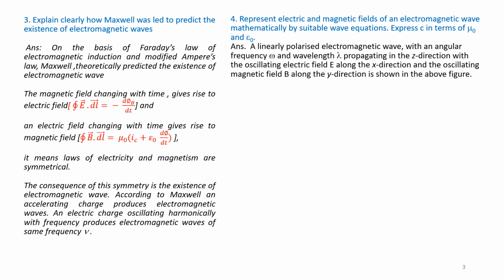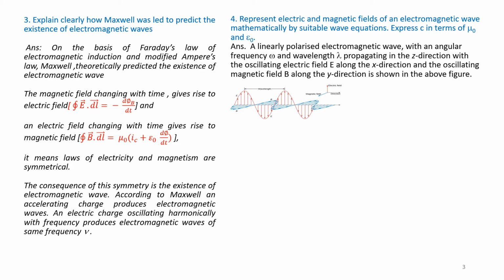A linearly polarized electromagnetic wave with an angular frequency omega and wavelength lambda, propagating in the z direction with the oscillating electric field E along the x direction and the oscillating magnetic field B along the y direction, is shown in the figure below.